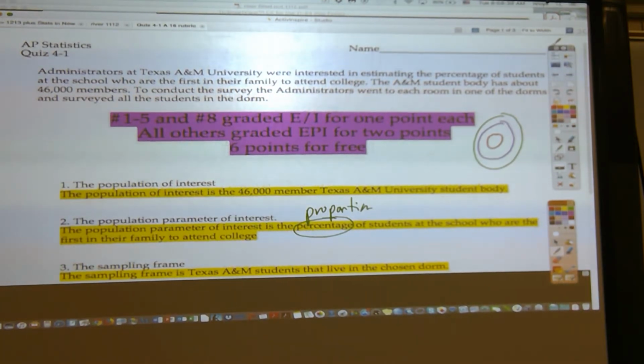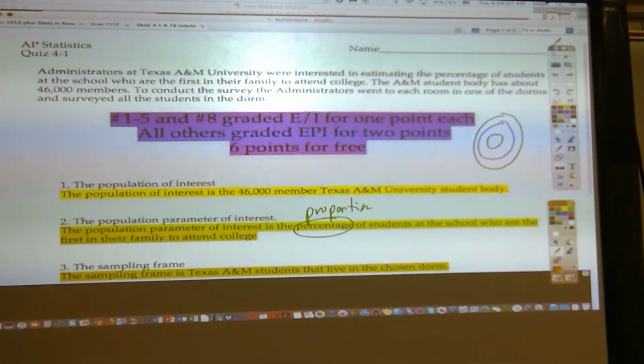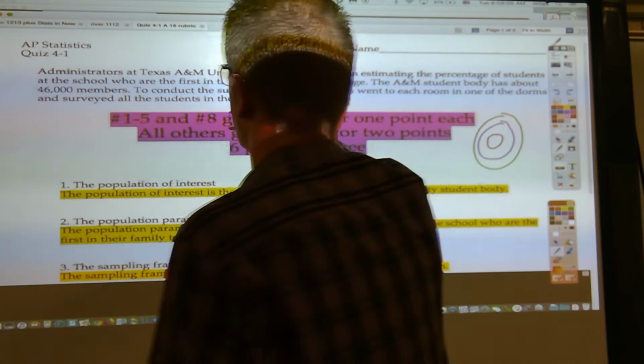That's a cluster sample. Okay, in a simple random sample, every subset of size n is equally likely to be chosen. In this case, there's a subset of the 46,000 members that could not possibly be chosen because there are students who perhaps are not in that dorm. Yes? Why is it not simple random sample? Okay, the definition of a simple random sample is that every subset of size n, and did they give us a sample size?